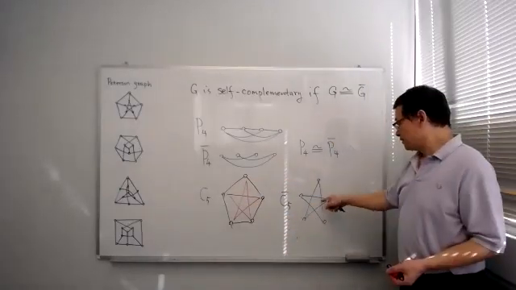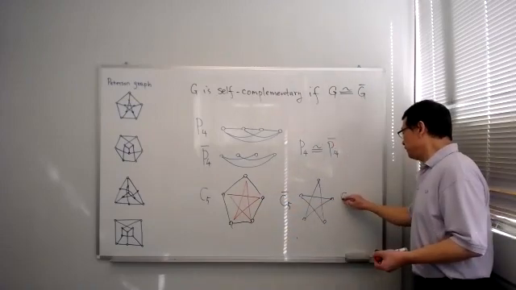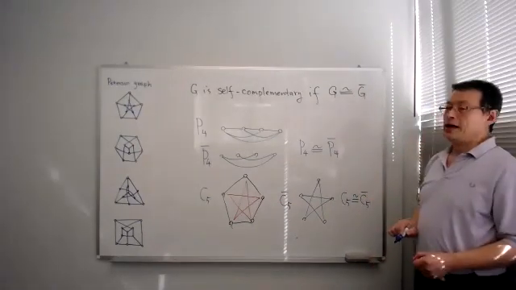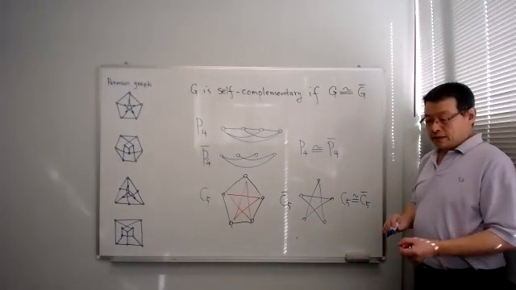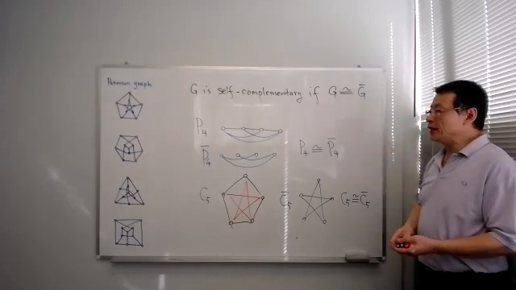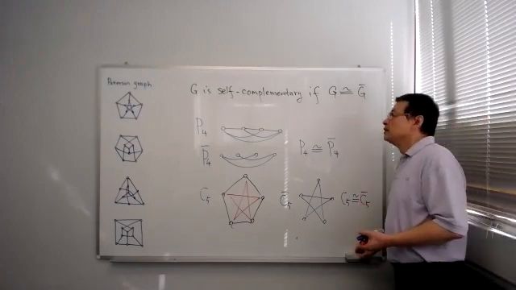It's easy to see. This one is just a different drawing of C5. So therefore, C5 is isomorphic to its complement. All right. So this small result gives you a necessary condition for a graph to be self-complementary.